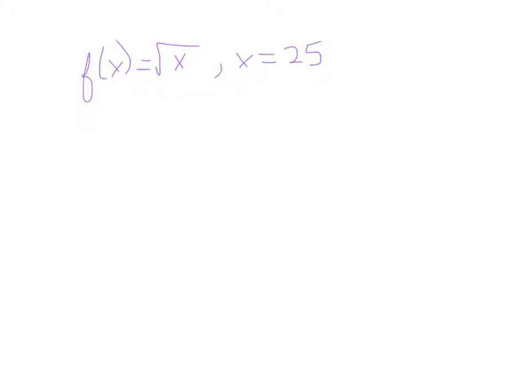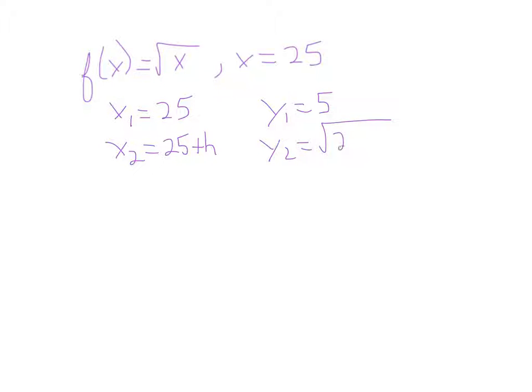Okay, so if we want the equation of the tangent right at the exact point x equals 25, then our x1 is going to be 25, and our x2 is going to be 25 plus a little bit more. So I'll use an h just to represent that little bit more. The y1 is going to be 5, and the y2 is going to be the square root of 25 plus h, because we would have to put that x value in the square root function to get our y value.